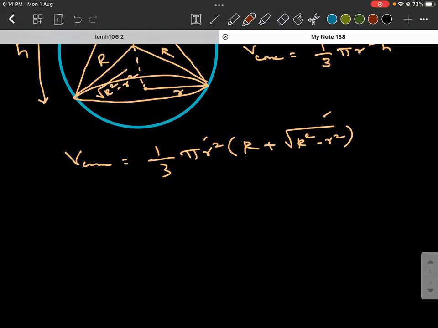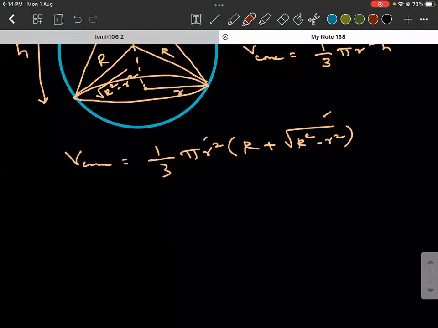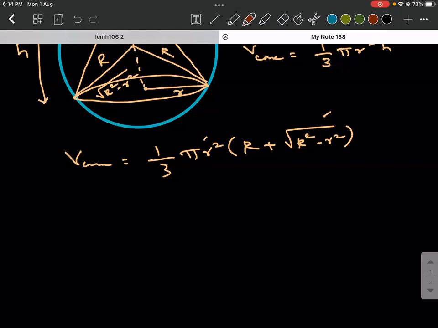Differentiate with respect to small r. Did anybody get the value of small r in terms of capital R?